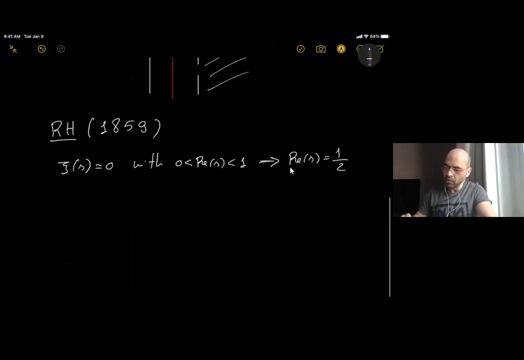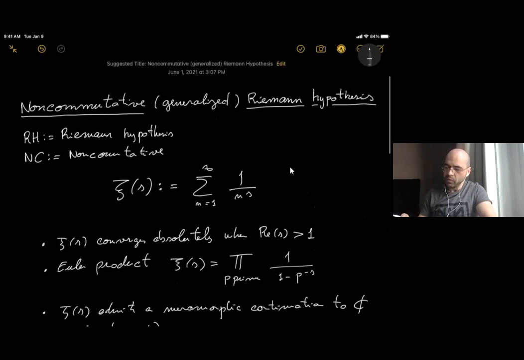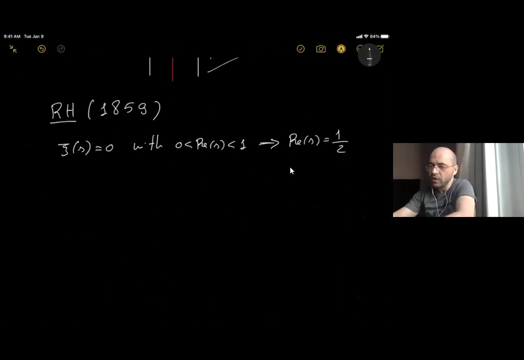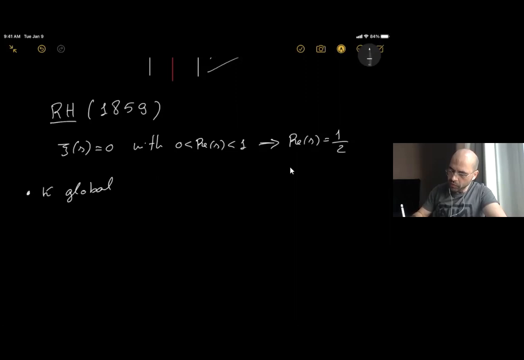So let me now move on in the title, and explain what is the generalized Riemann hypothesis. So the generalized Riemann hypothesis has 3 ingredients. So we'll be working over a global field. So little k will be the global field.